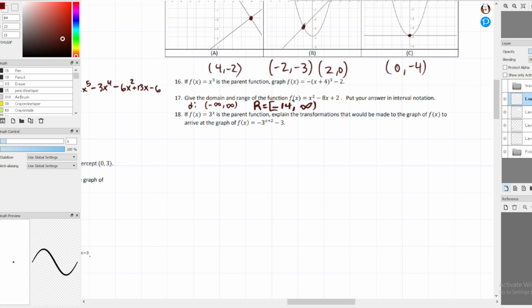18 is asking us, if f of x equals 3 to the x is the parent function, explain the transformations that would be made to graph f of x to arrive at the graph of f of x equals negative 3 to the x plus 2 minus 3. So we know that we reflect, because there's a negative on the outside, reflect about the x-axis.